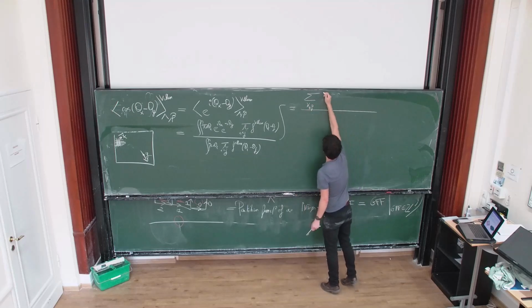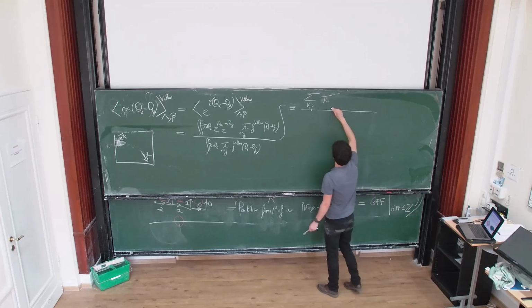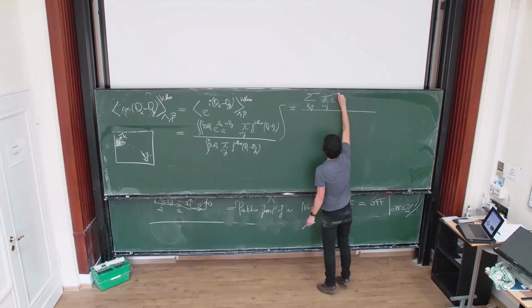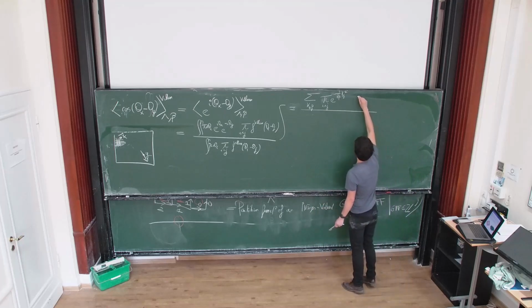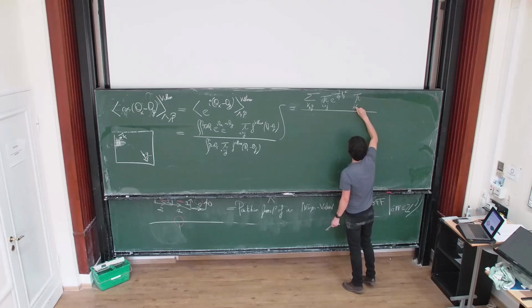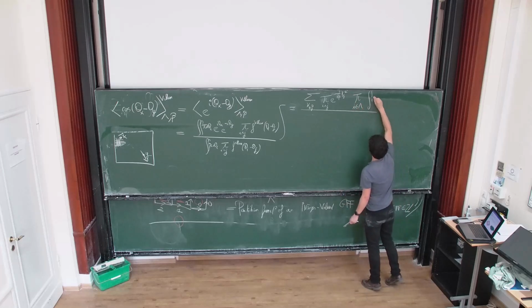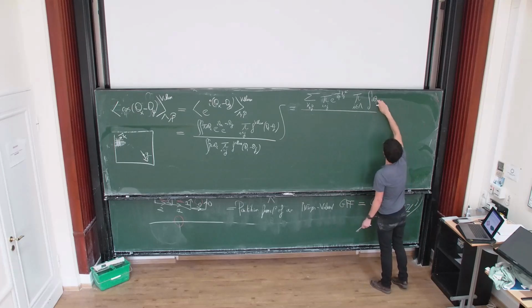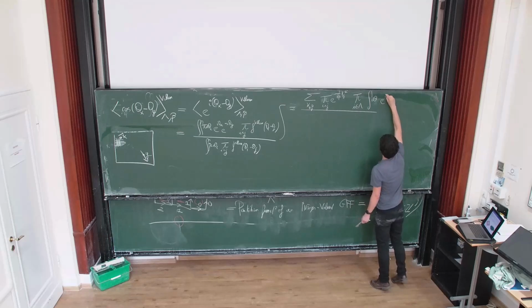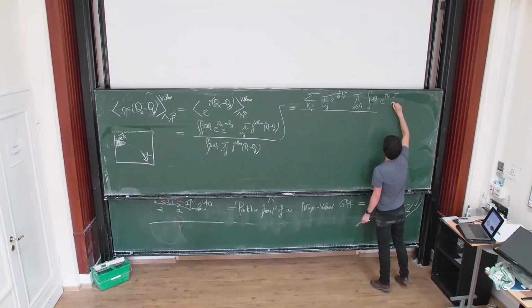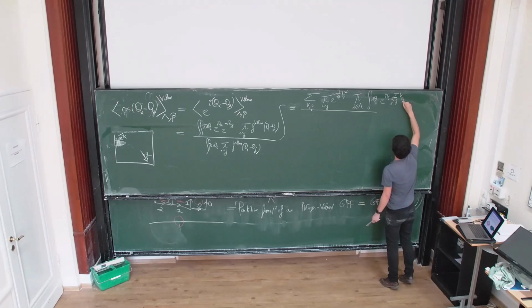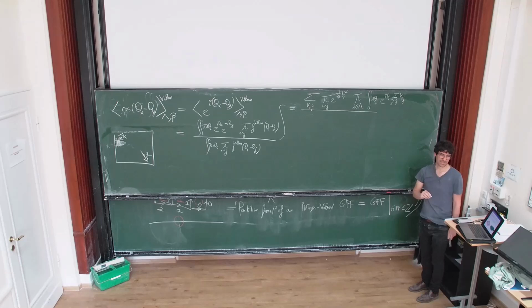I will have the term I forgot, and thanks to Antoine, I can put it again: e to the minus 1 over 2 beta chi ij squared. And then I have a product over all the points in my graph, integral d theta i, of e to the i theta i times the sum for all j next to i of chi ij. So far, it's exactly the partition function.